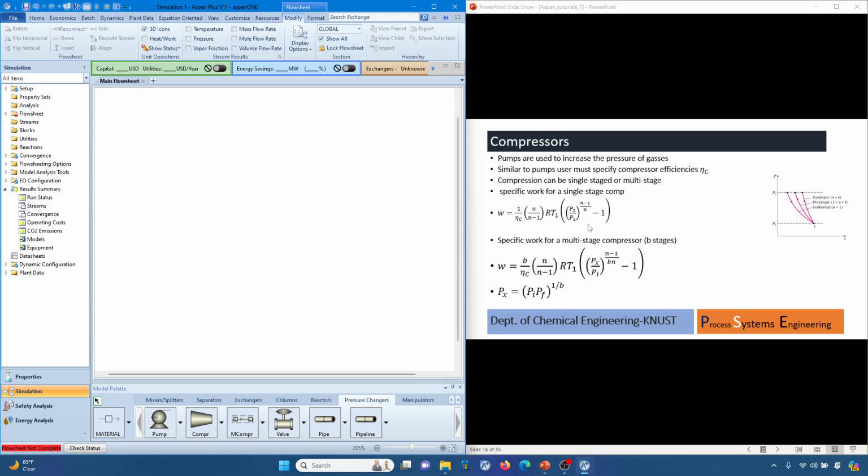Due to the rise in temperature associated with compression, which leads to more work, there is an increase in the compressor work.